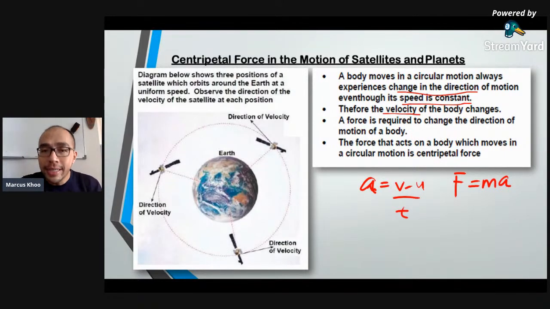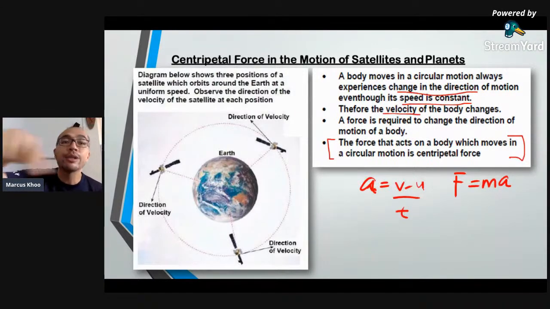So since there is a change in velocity, it means there is an acceleration. If there's an acceleration, there's going to be a force acting on this satellite or the moon. This force is known as the centripetal force, and this is the definition for centripetal force: the force that acts on a body which moves in a circular motion. That means it is centered towards something in the center, and then it's moving around it.